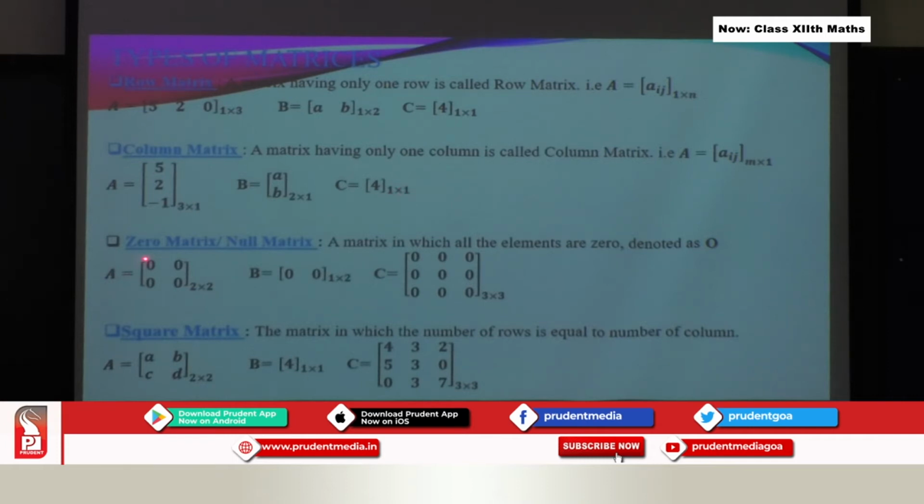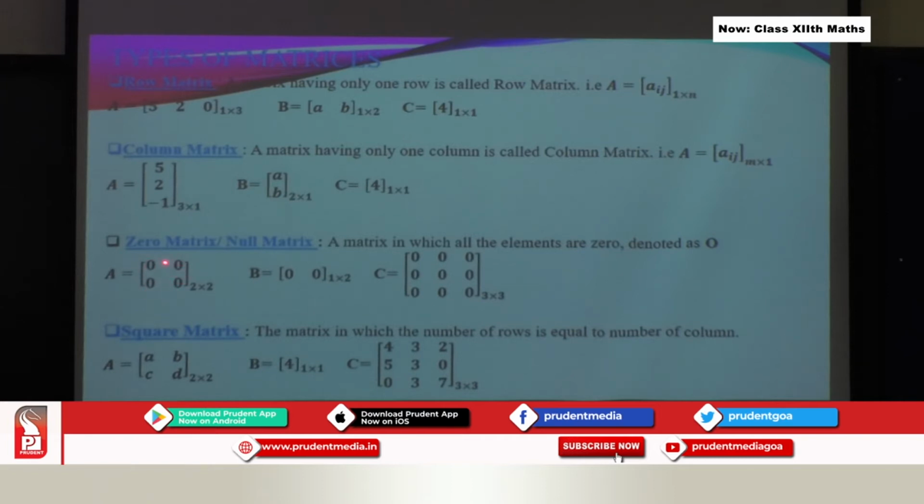Let's go to the third one, the zero matrix. It is also known as the null matrix. What does it mean? A matrix in which all the elements are 0, denoted by capital letter O. Here all the entries I have considered are 0.